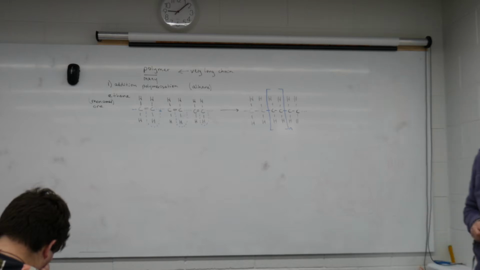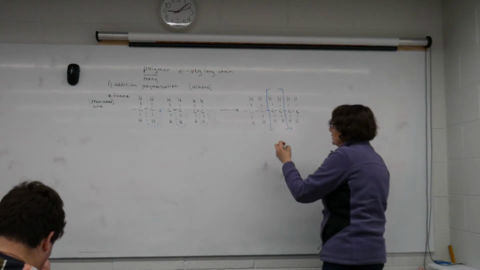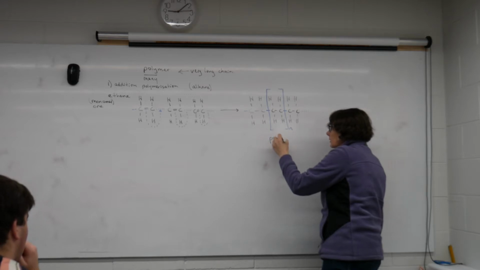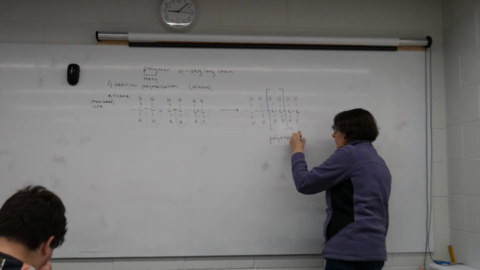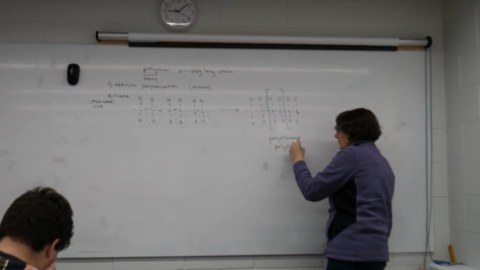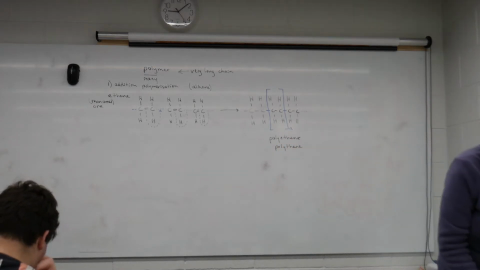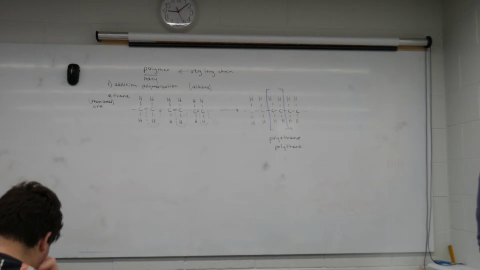And you don't need to worry about naming, but this was ethene, now we have polyethene, or sometimes called polythene. And so its name is obviously derived from the monomer.